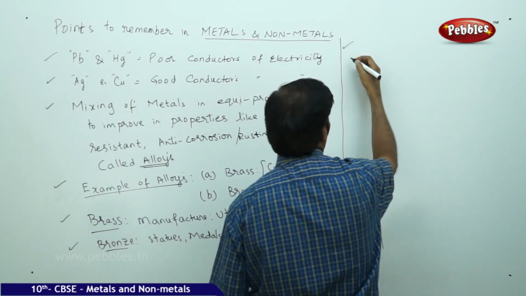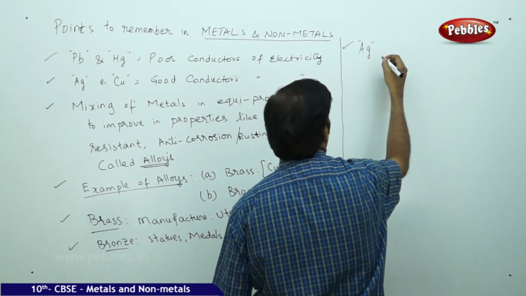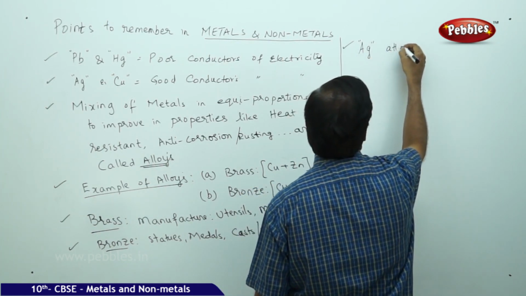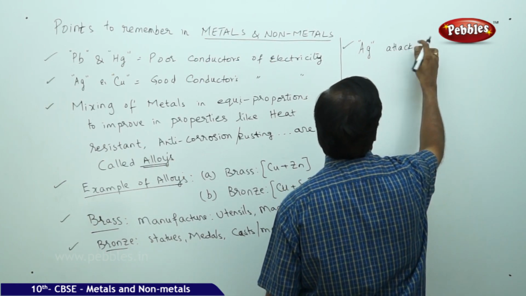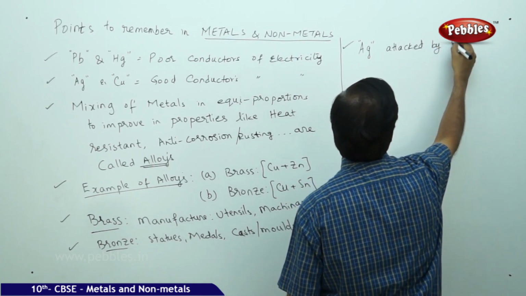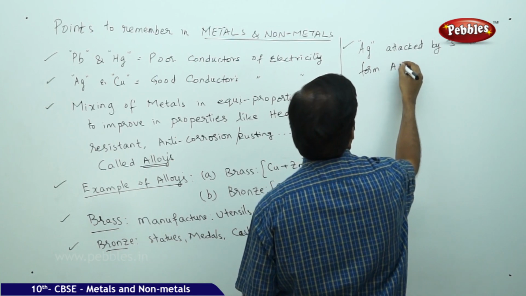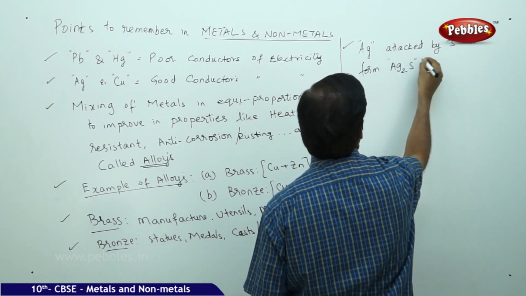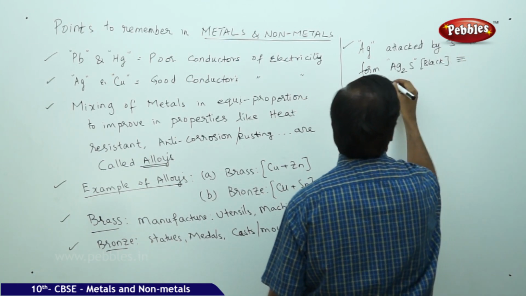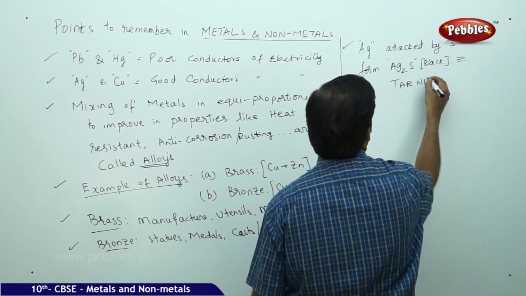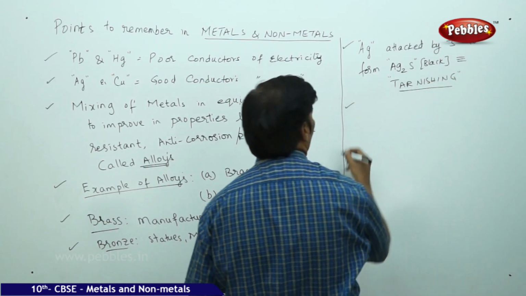Then similarly, silver is attacked by sulfur to form Ag2S, which is black in color, which we call tarnishing.